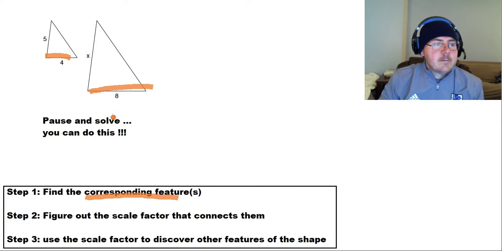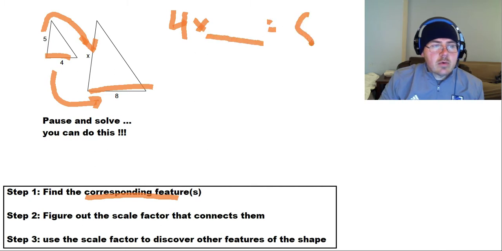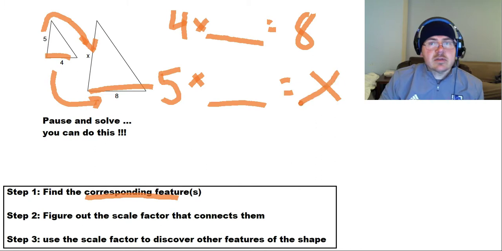In this one, I need to figure out how I get from 4 to 8, because I'm going to have to get from 5 to x in the end. So my number sequence would be 4 times blank equals 8. That would mean that 5 times the same thing would equal x. That's what we're doing.